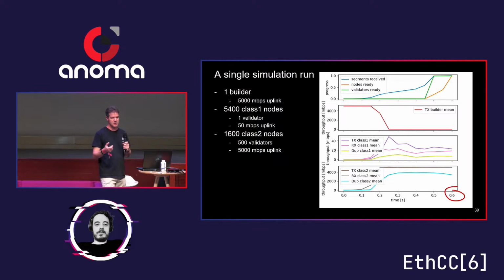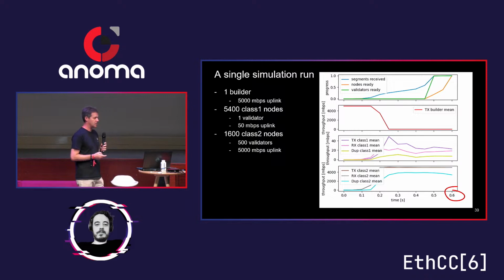So a home staker is putting in its 32 ETH, and it's running its one validator behind one node. And it has, let's say, a 50 megabits per second uplink. And then we have a bunch of nodes which are institutional stakers. They are running a beacon node, and behind the beacon node, there are a bunch of validators, let's say 500. We could randomize these numbers, but it wouldn't add too much to the simulation. So we are just doing these 2 classes. And let's say they also have 5 gigabits per second links. And then you start simulating.